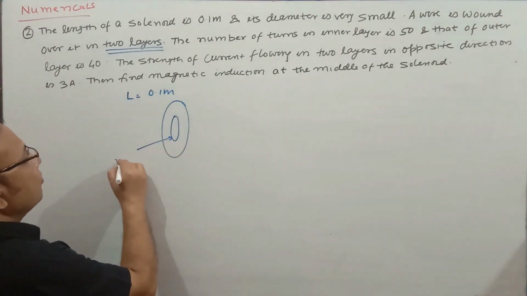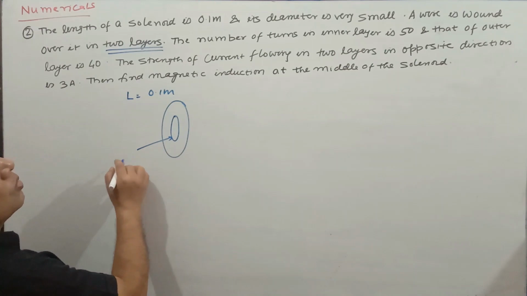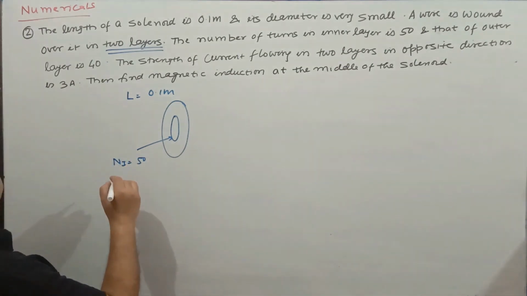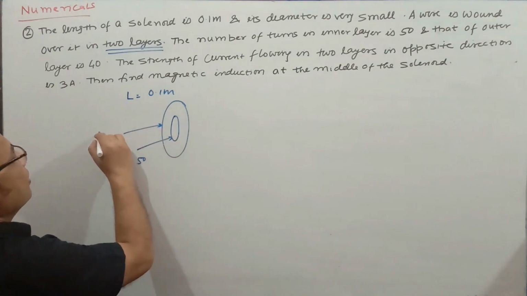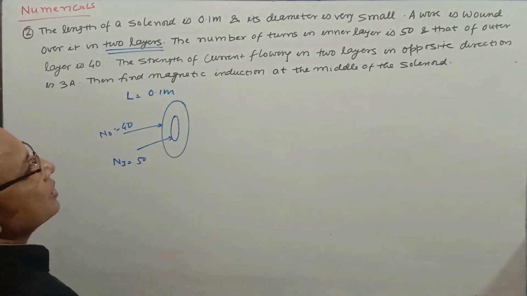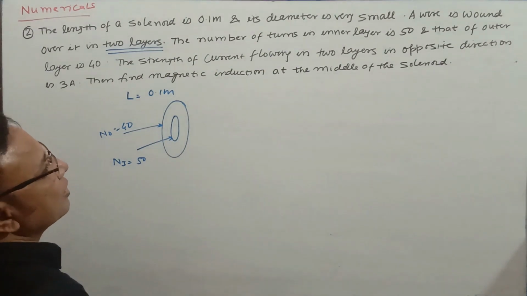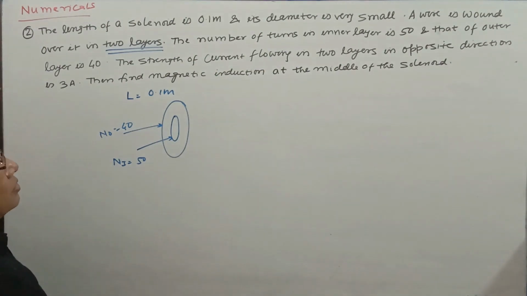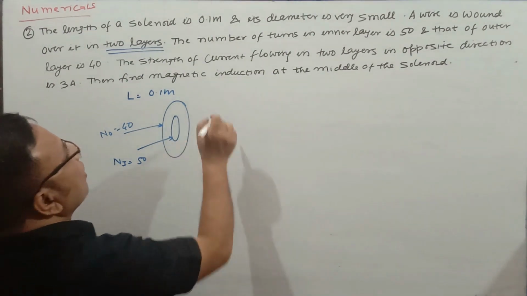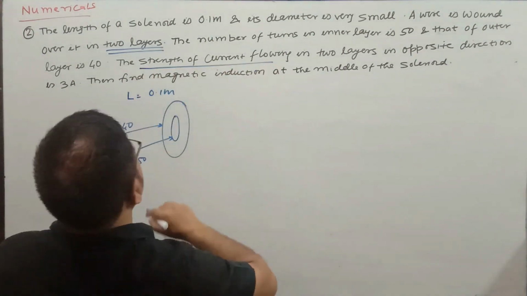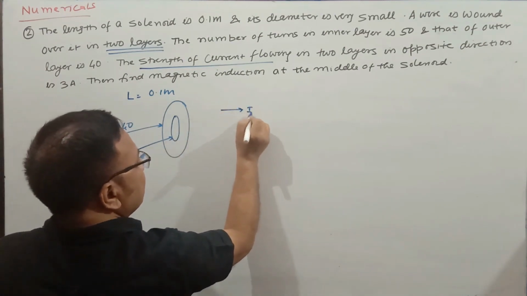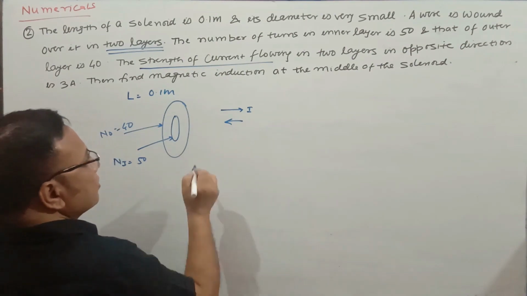So here the number of layers is 2, the inner has 50 turns, and the outer layer has 40 turns, and both have the same length. The current flowing in the 2 layers is in opposite directions, 3 ampere. So in one the current is in this direction, in the other in this direction.